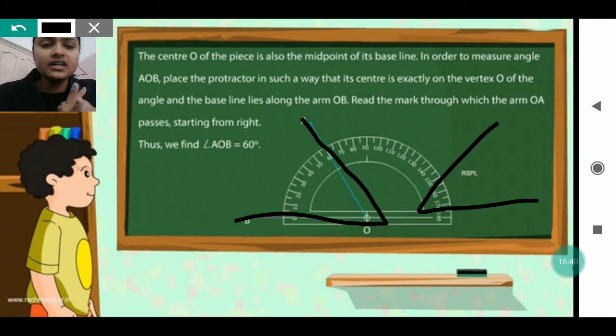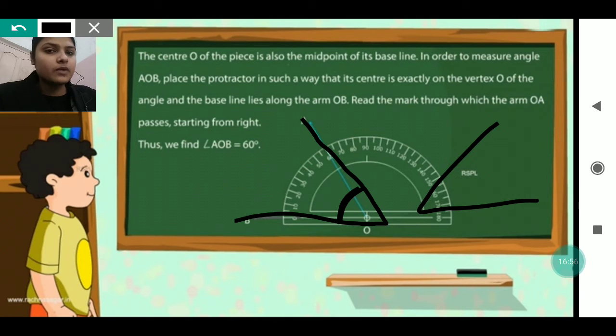You can see here, when we are measuring this one with the help of the protractor, one arm is lying on 60 degrees. It means the angle forming here is a 60 degree angle. So we can write angle AOB is 60 degrees.